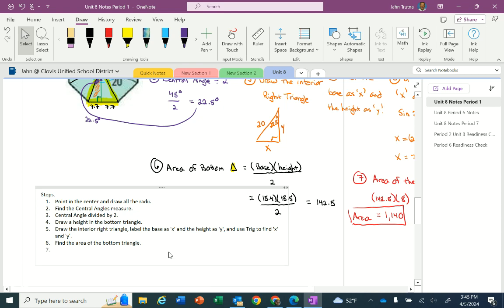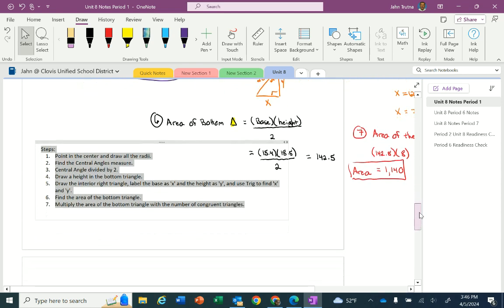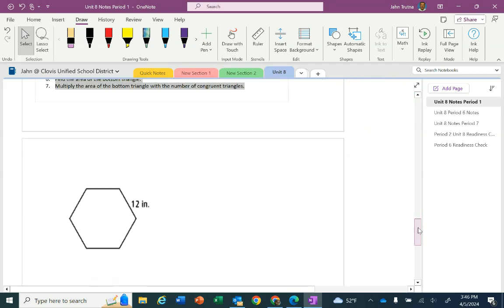Step number 7: multiply the area of the bottom triangle with the number of congruent triangles. There it is. There's the 7 steps on how to find area of any regular polygon.